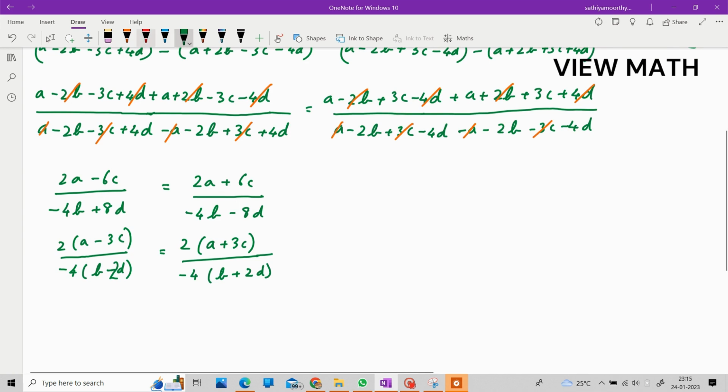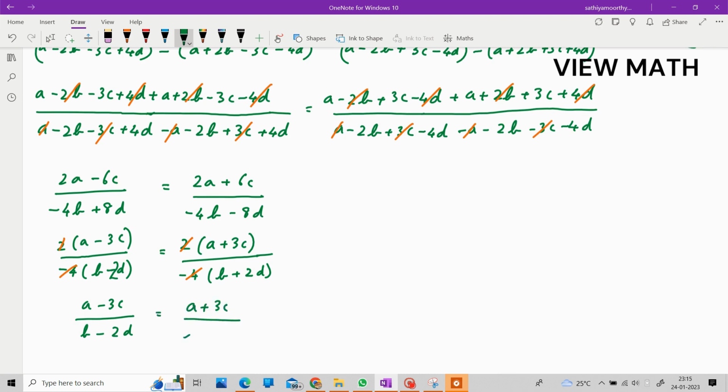Here 2 gets cancelled. Minus 4 and minus 4 get cancelled. So I am getting a minus 3c by b minus 2d. In this term, a plus 3c by b plus 2d. Okay.